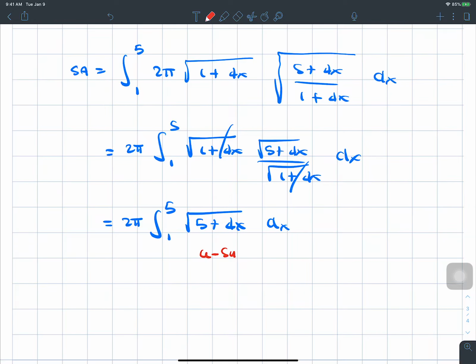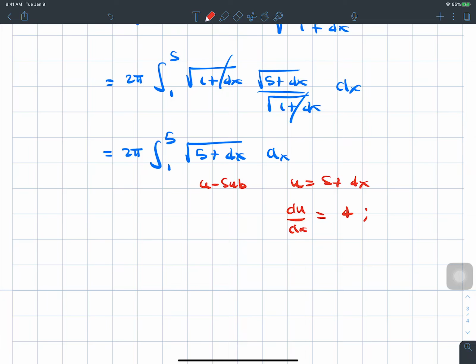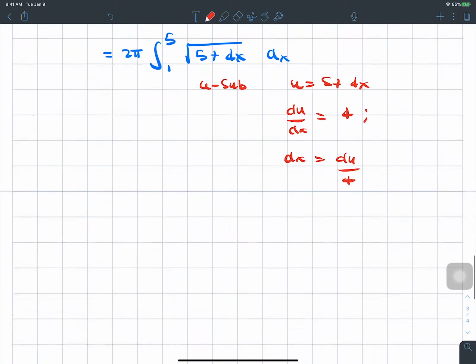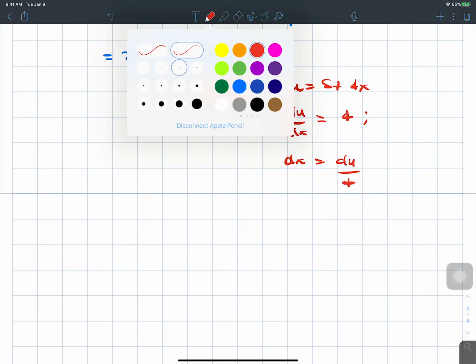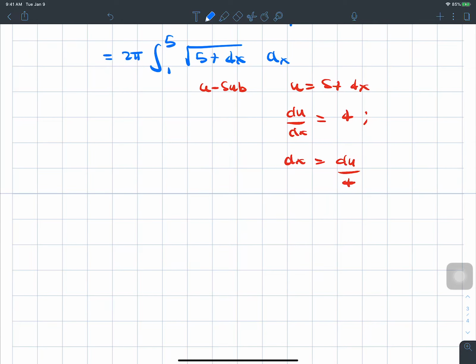Right, du dx is going to be 4, or dx is du over 4. So when I do u substitution now, this is 2 pi integral square root of u du over 4.